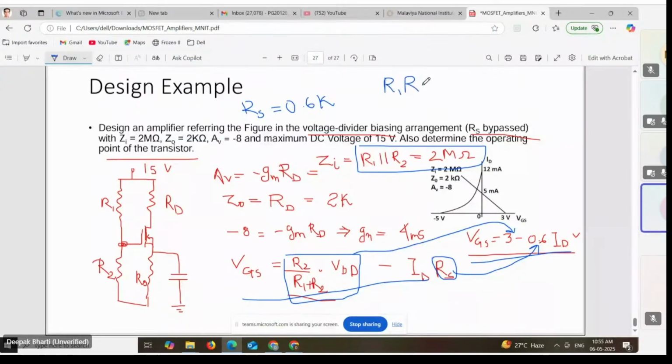One equation says that R1 R2 upon R1 plus R2 is 2 mega, and one says that R2 upon R1 plus R2 is how much? 3 by 15. Okay, so using these two equations, we can also determine R1 and R2.